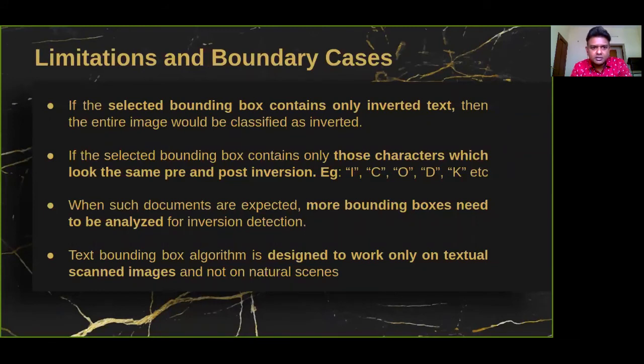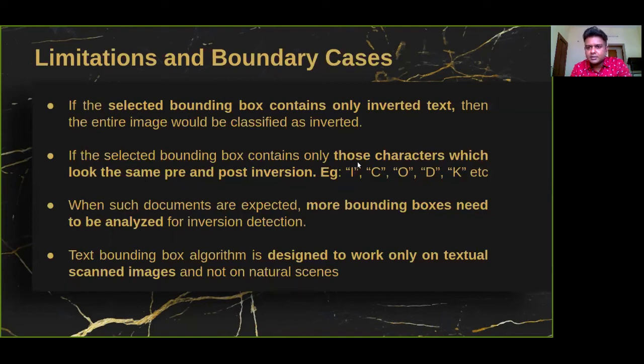As with any method, there are limitations or boundary cases to this method. For instance, let's say the document is upright, but the bounding box that we selected contains only inverted text. Then the entire document can be classified as inverted. It's a highly unlikely case, but it can happen.